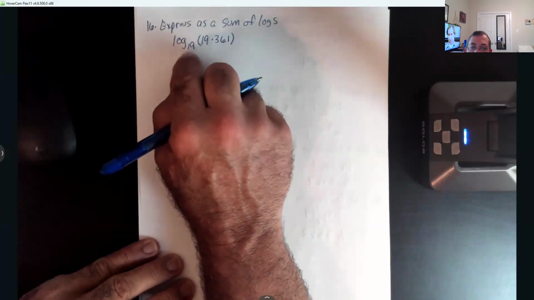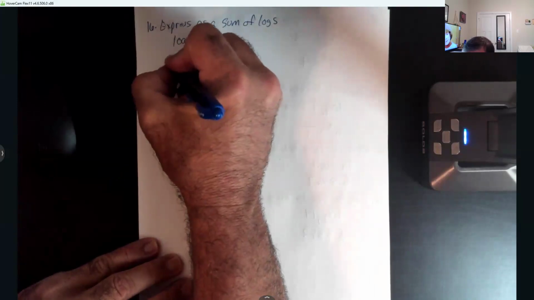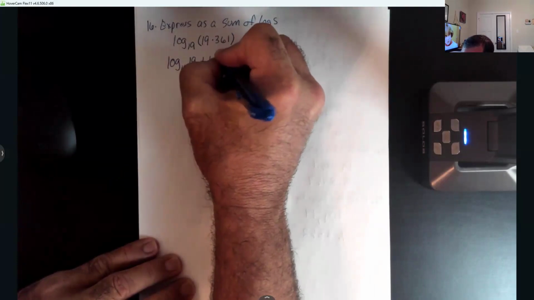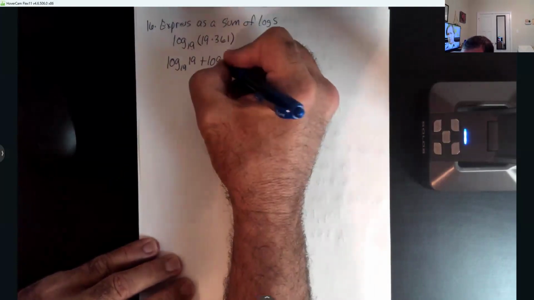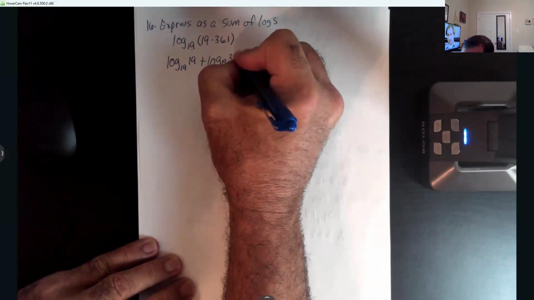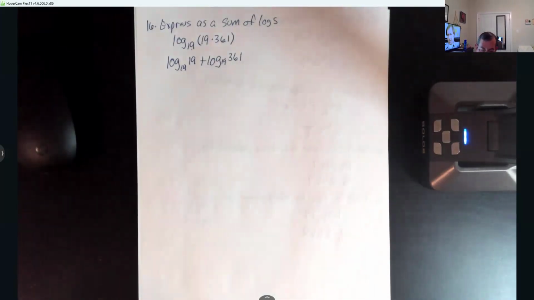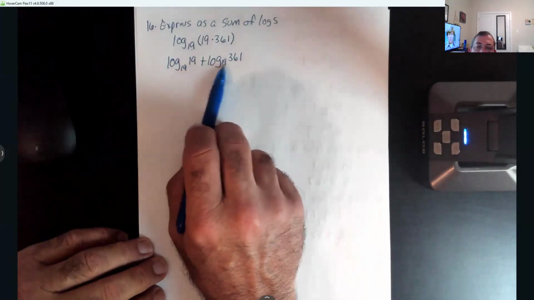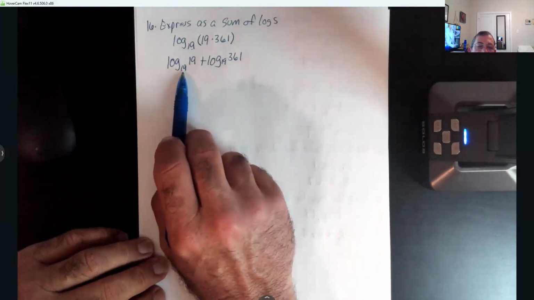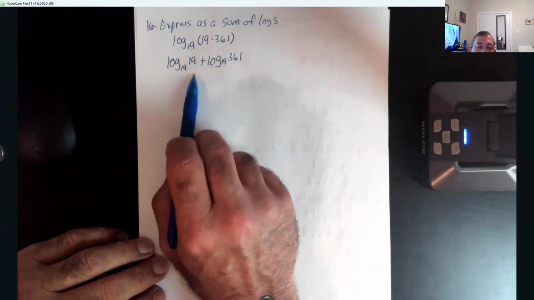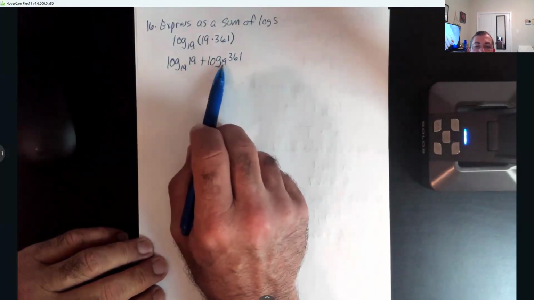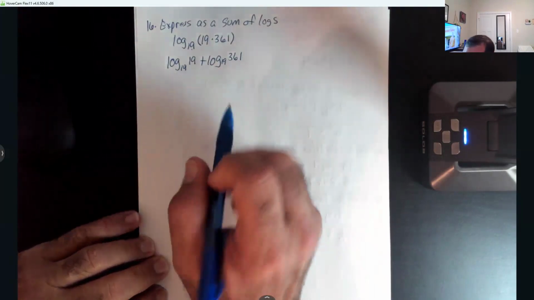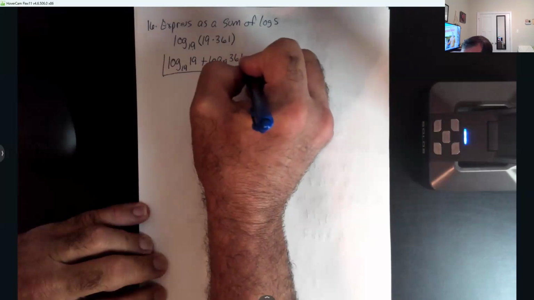So I'm going to have a log base 19 of 19 plus my log base 19 of 361. That's all they wanted me to do to this. Okay, they don't want me to figure out that this equals 1 and this probably equals 2 and 1 plus 2 is 3. They don't want me to go that far. They want me to stop right here on this problem, okay?